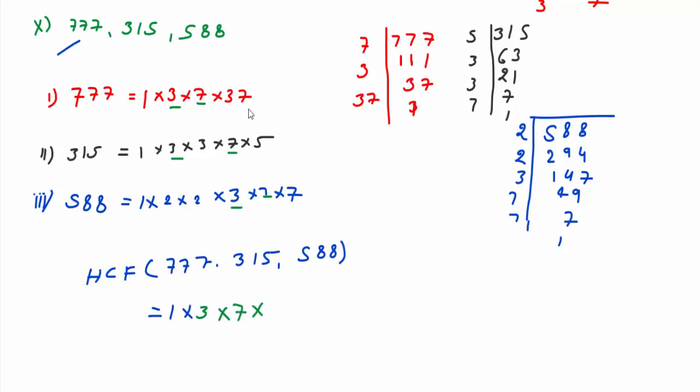Then we have come to the next part, 37. Here we have a 37, and 37 is not in any other factor, so this one will be final. इसके आगे कोई भी कॉमन फैक्टर नहीं है हमारे पास. So the highest common factor will be equal to 7 3s are 21. So 21 is the highest common factor of 777, 315 and 588.